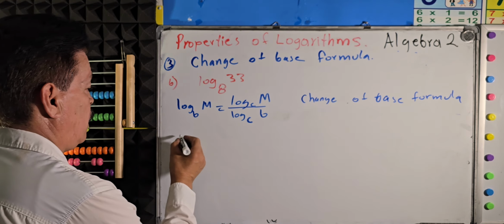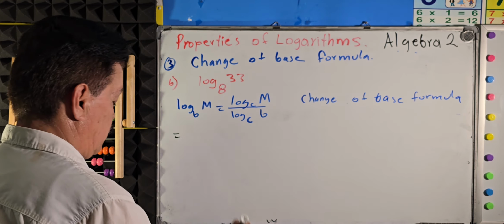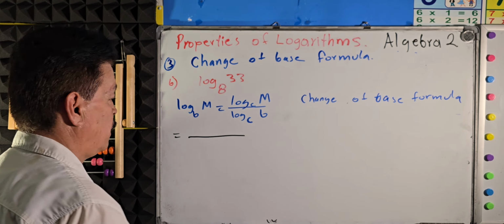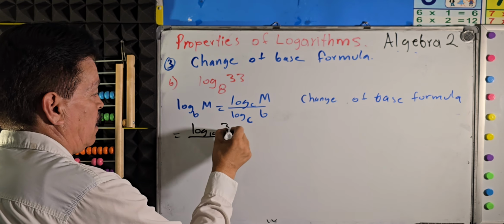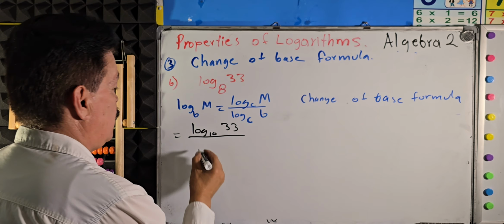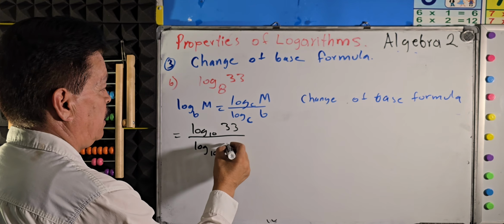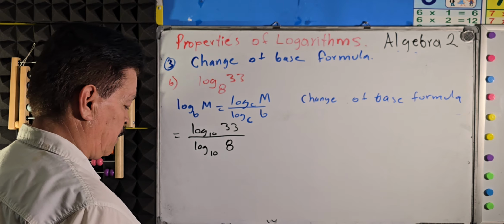So we simplify the numbers. Next step, remember log with the base 10 of 33, divided by log base 10 of 8.